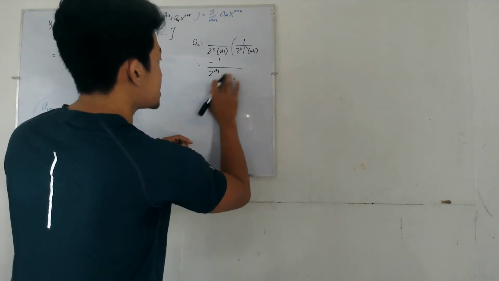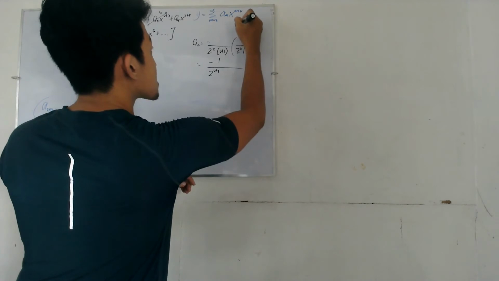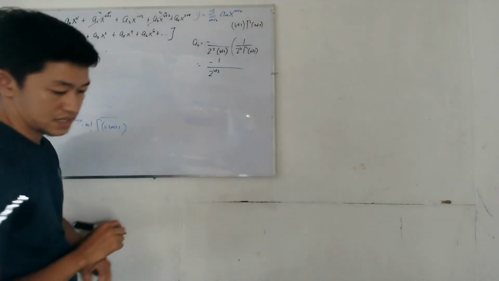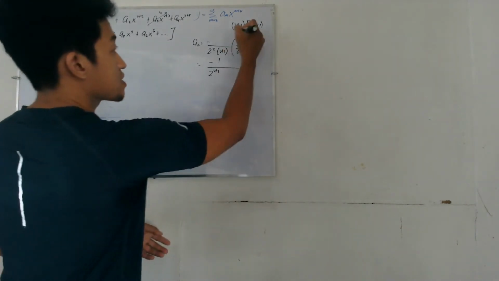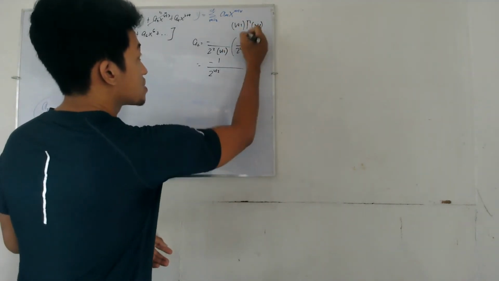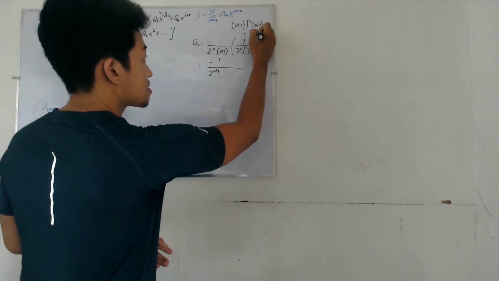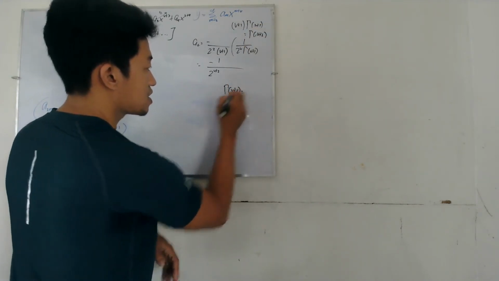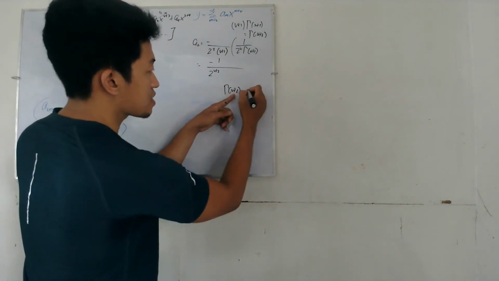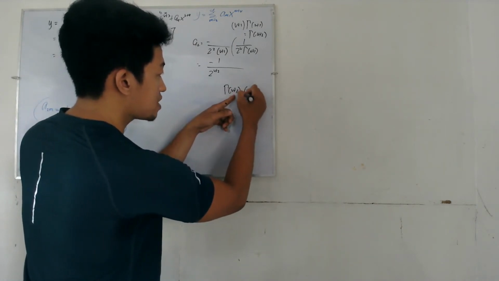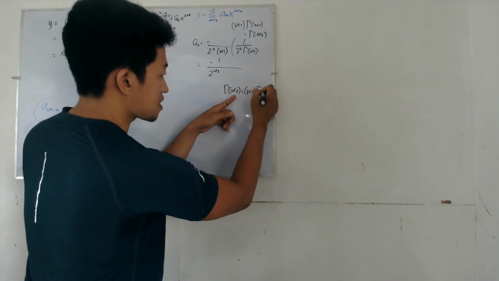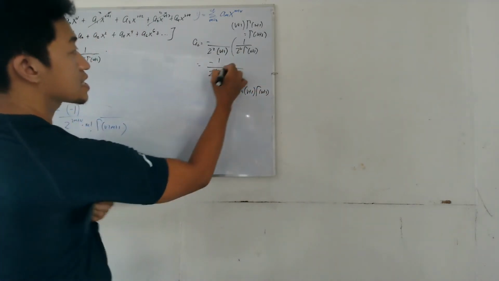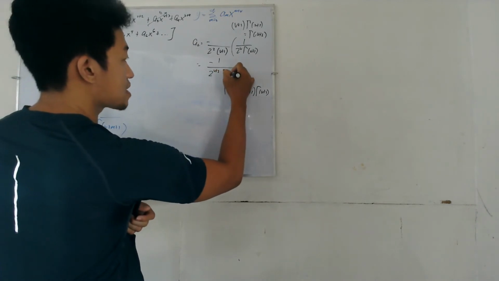Ang b plus 1 gamma b plus 1 ano na siya? This is equal to gamma b plus 2. Ano naman? Gamma b plus 2. So ito, minusan nimo ni 1, so mahimo na dining gamma b plus 2.